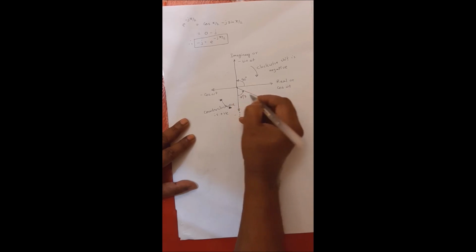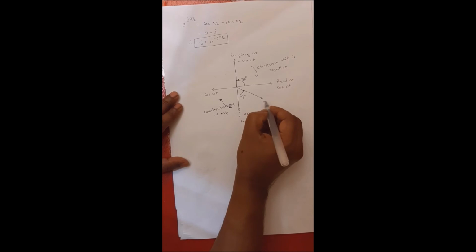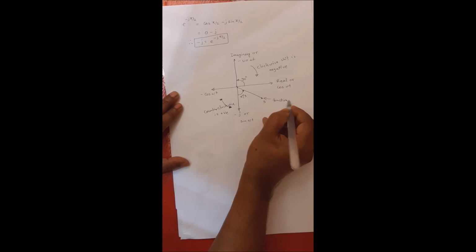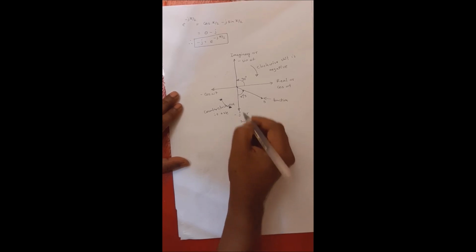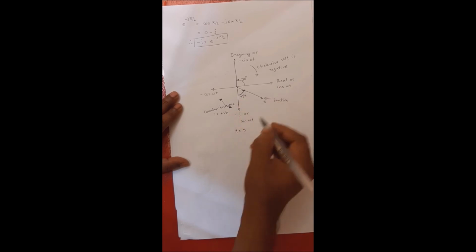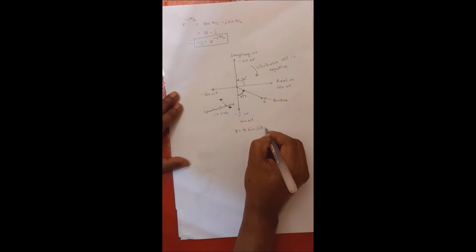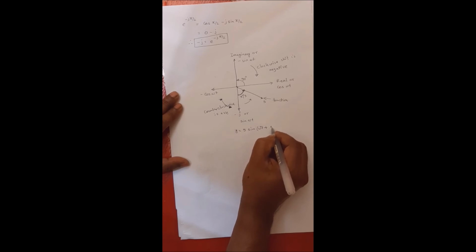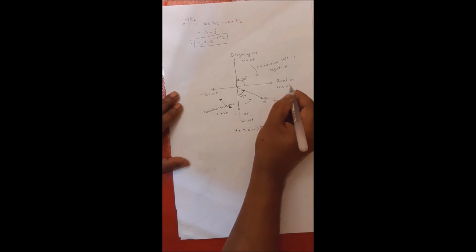So we write the equivalent time domain function as 5 sine of omega t plus pi over 3, or from the cosine axis, the function will be 5 cosine of omega t minus pi over 6.